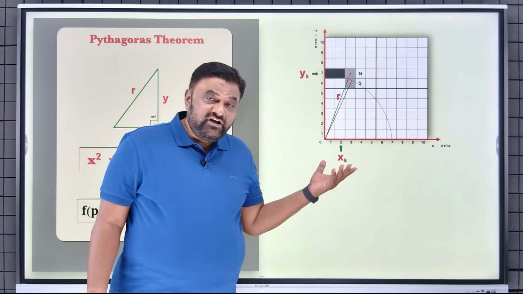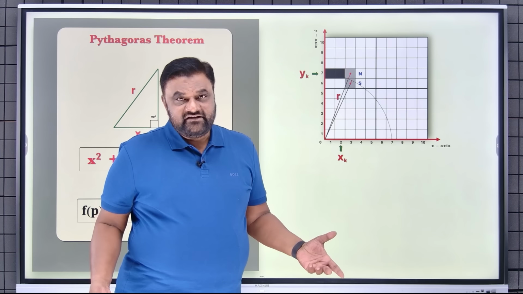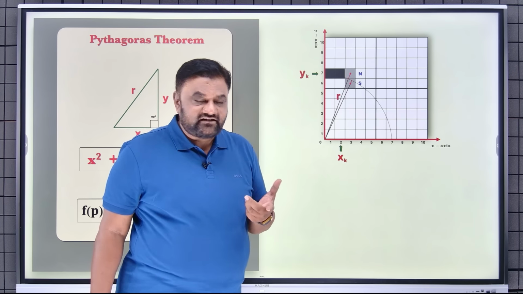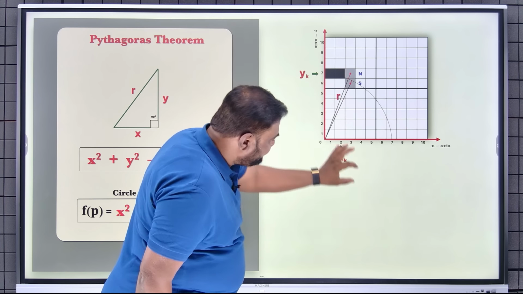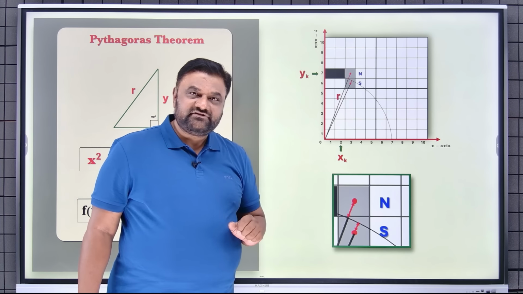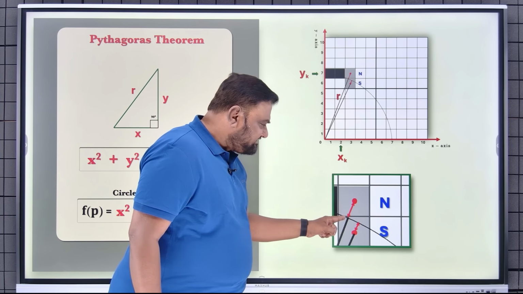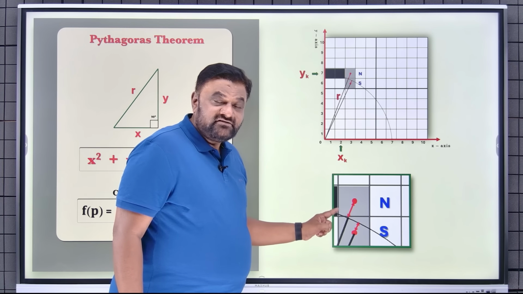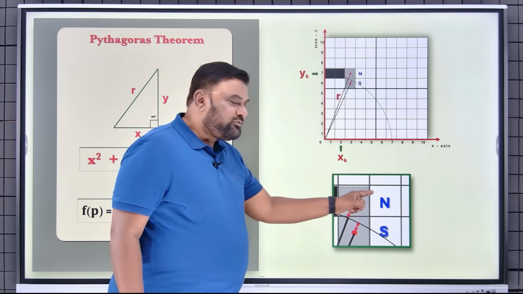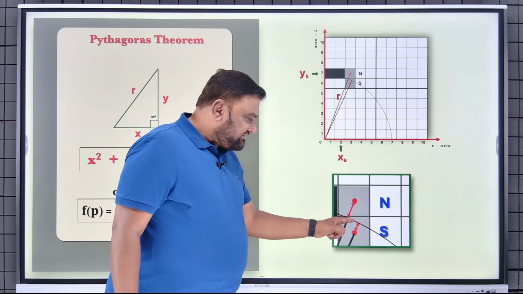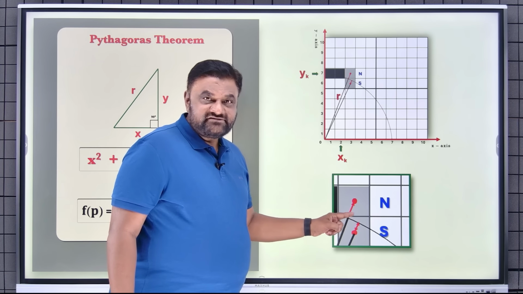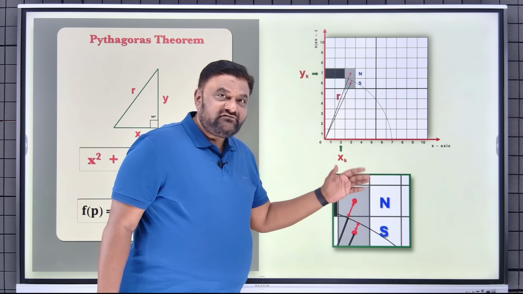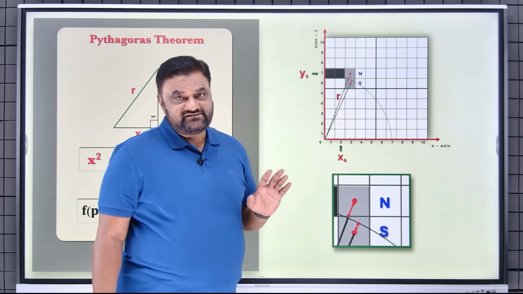Now you can see clearly which one is nearer, the south pixel or the north pixel. I'll zoom in and show you. Here you can see the radius coming up to here. This is the circumference, so this is the distance from the circumference to the center point of that pixel, and this is the distance from the circumference to the center point of the other pixel. Now one pixel or cell is outside and one is inside the circumference.